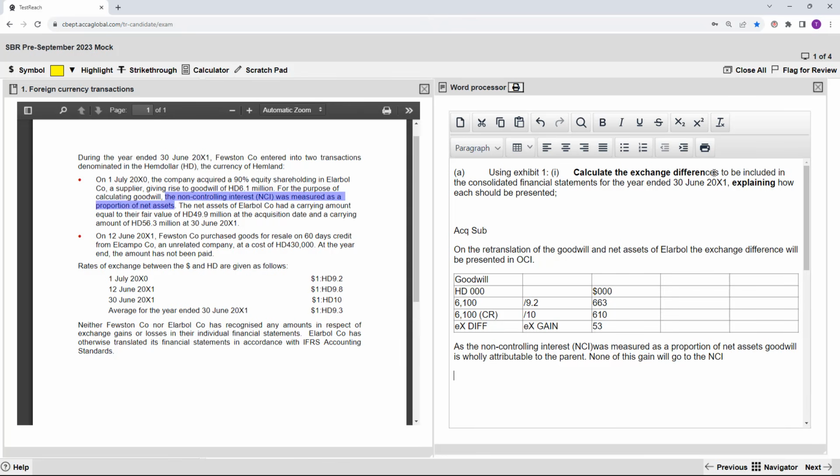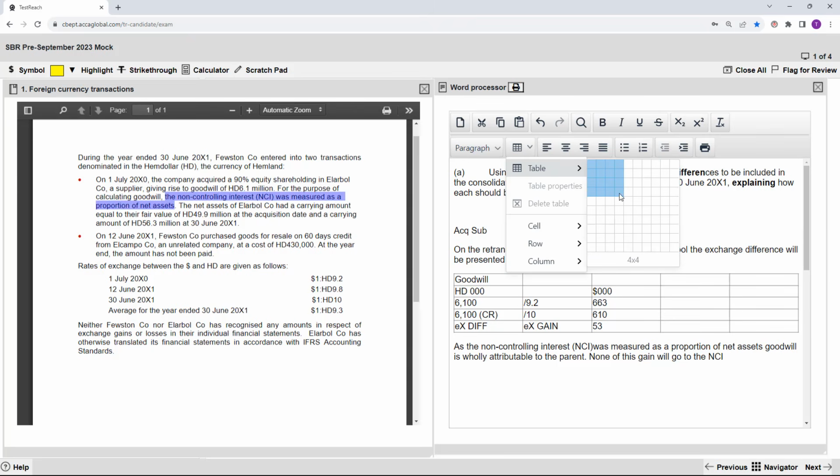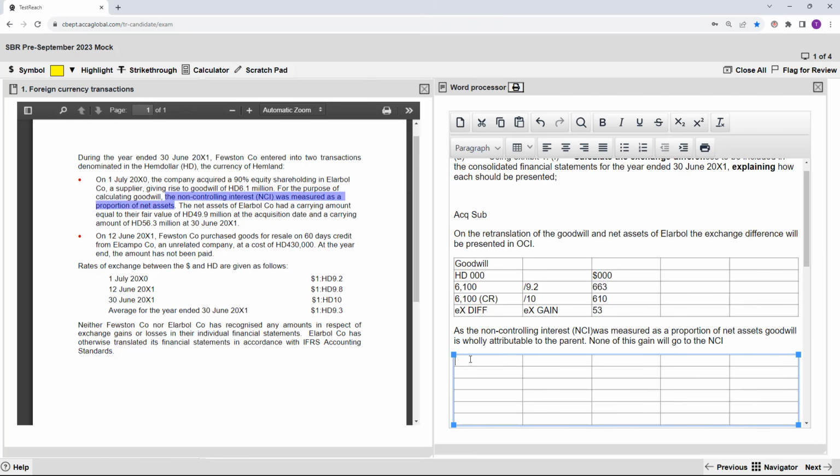Now, you will also have an exchange difference arising on the retranslation of the net assets themselves, because when you've got an overseas sub, the net assets are retranslated at the closing rate. Again, what we've got given to us in the question is the numbers. The net assets had a carrying amount of 49.9 million.